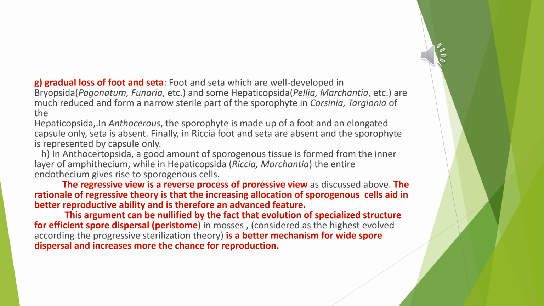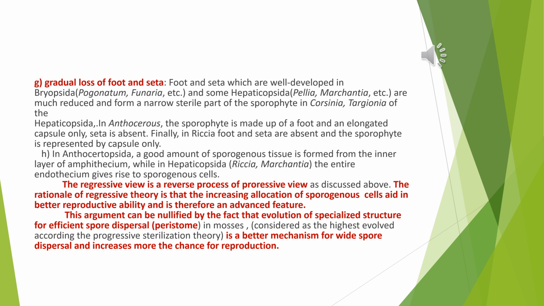In Anthoceros, the sporophyte is made up of a foot and an elongated capsule only. Seta is absent here also. Finally, in Riccia, foot and seta are absent and the sporophyte is represented by capsule only. The regressive view is a reverse process of the progressive view.